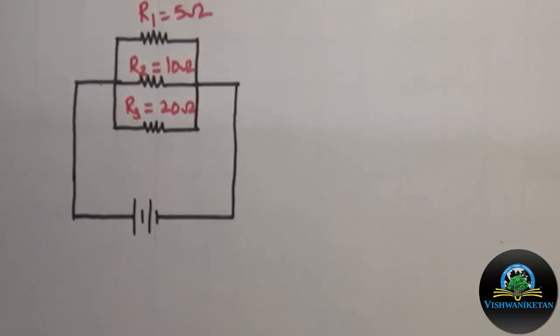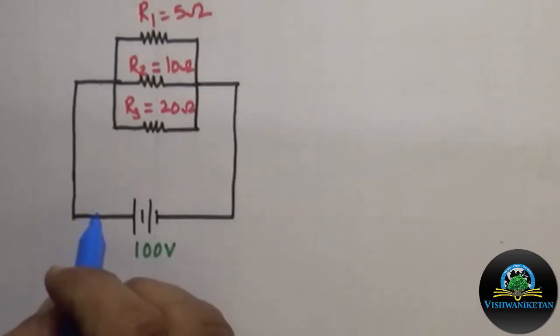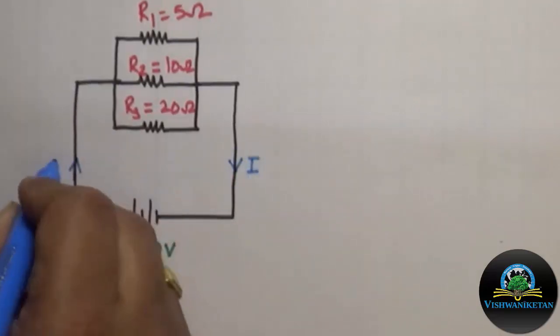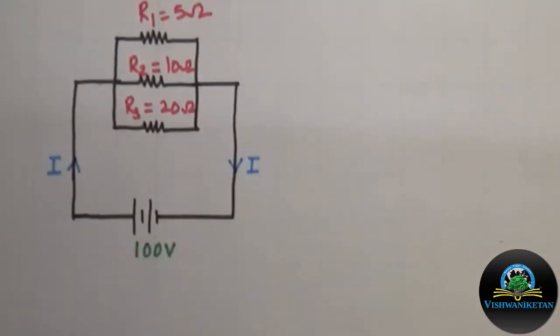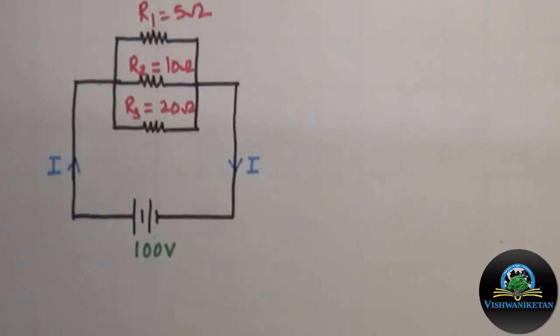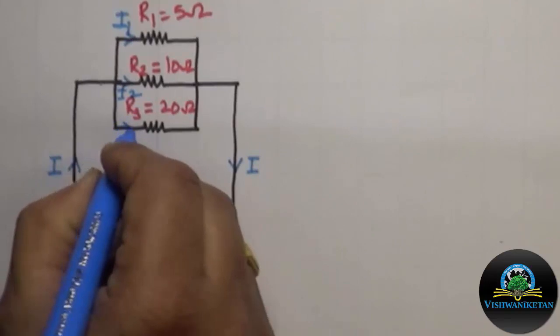Also, the supply voltage is given as 100 volt and the current flowing through the whole circuit will be denoted as I. As this circuit is a parallel circuit, the total current will be divided into a number of paths. Let the current through 5 ohm be denoted as I1, the current through 10 ohm resistance as I2, and the current through 20 ohm resistance as I3.